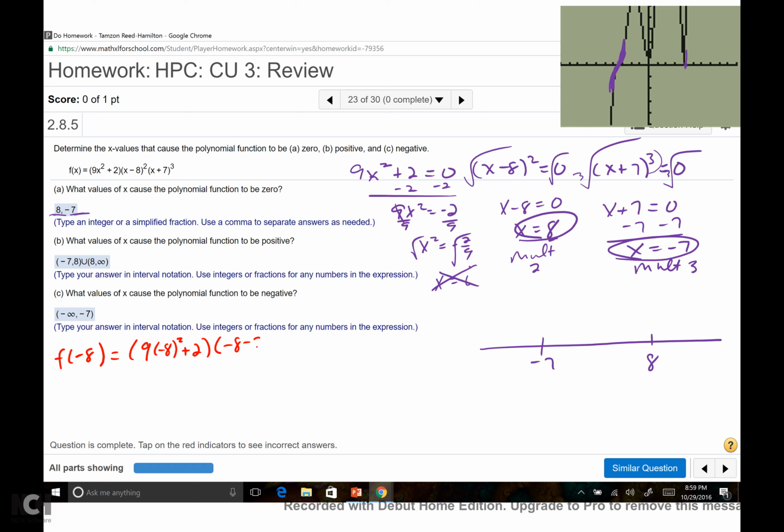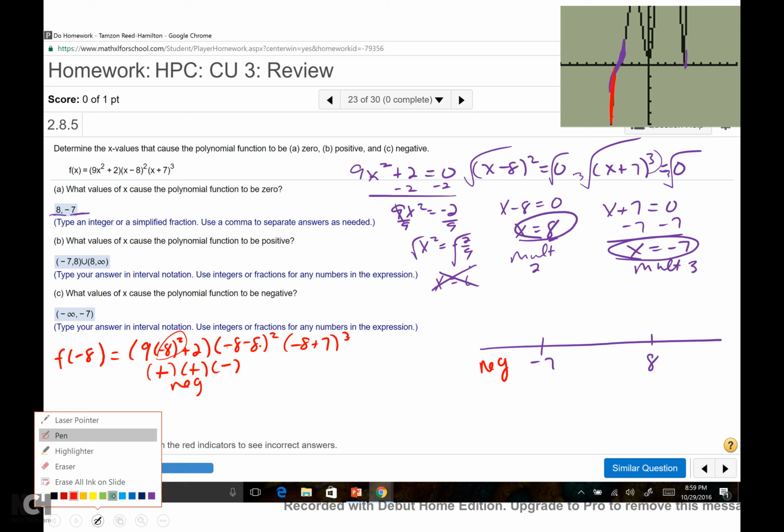Negative 8 minus 8 squared, negative 8 plus 7 cubed. This is going to be a positive times 9 is a positive, that's going to be positive. This is a negative squared, which is going to be positive. This is a negative cubed, which is going to be negative. A positive times a negative is a negative. So it's going to be negative over here, and you can tell that it is.